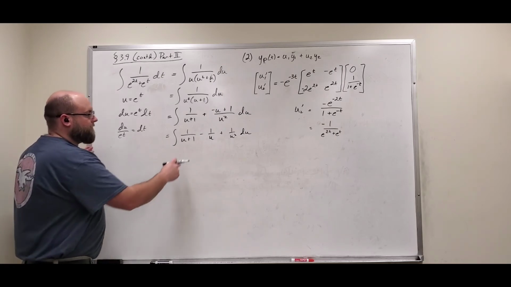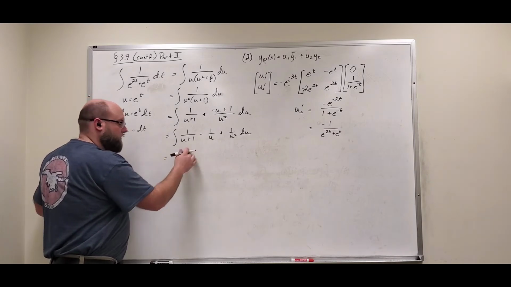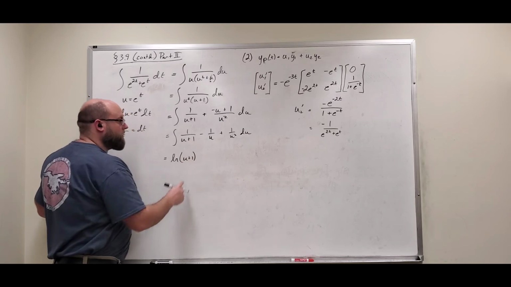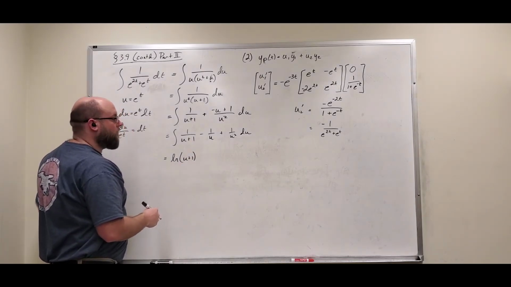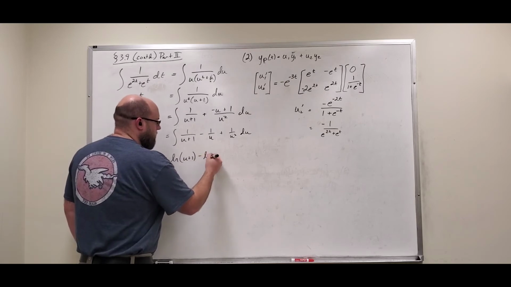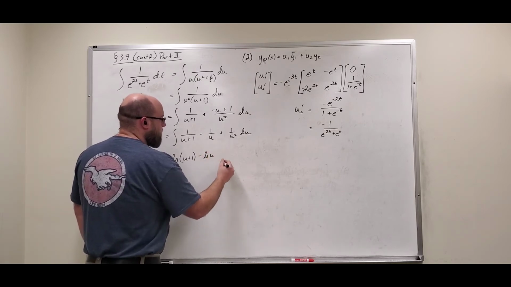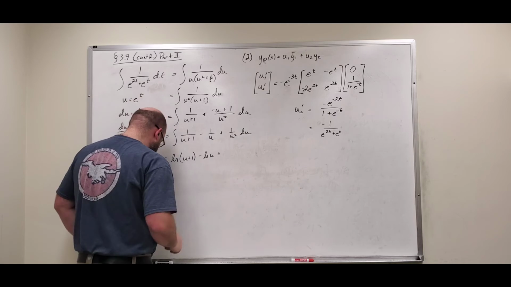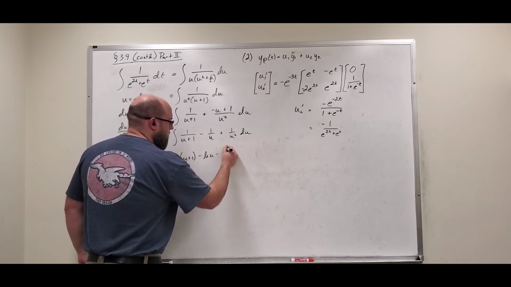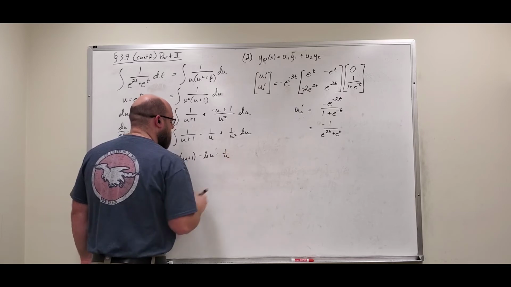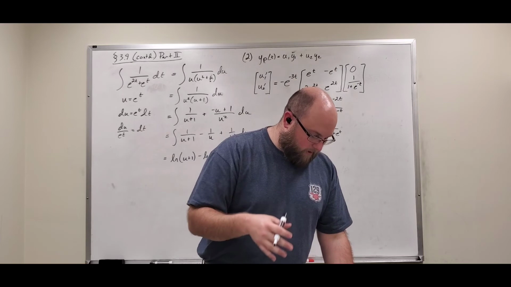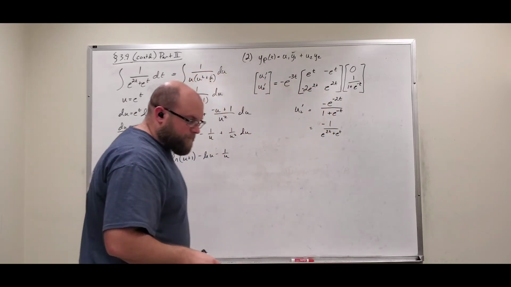So here, this guy is just a natural log of u plus 1. We're going to talk about this value here in just a second of why I said I could do this. Minus the natural log of u, or sorry, minus 1 over u. And technically plus c, but we do not need that integrating constant there. All right.